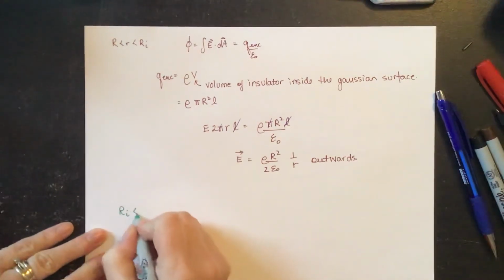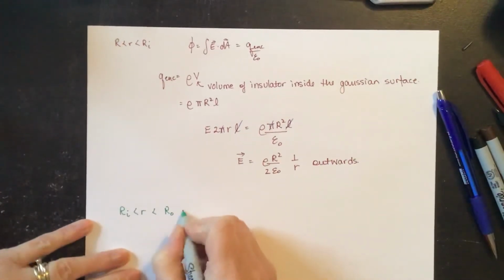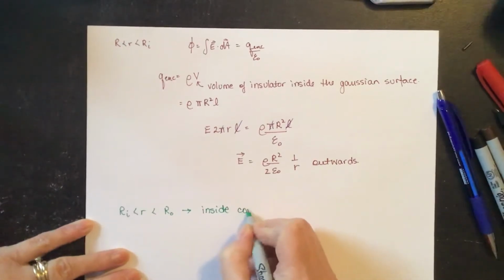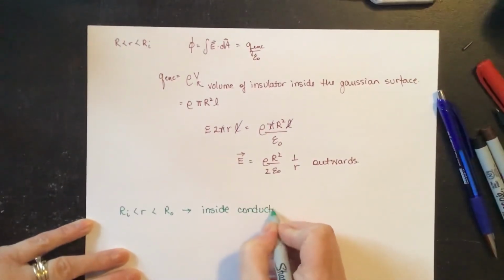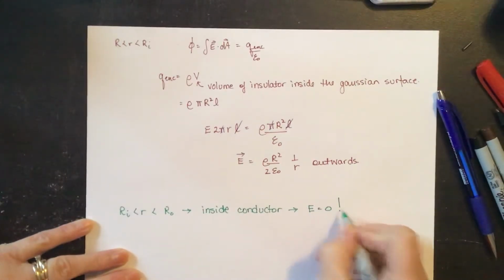If Ri is less than our Gaussian surface radius is less than Ro, it means we're inside a conductor in static equilibrium. That tells us that the electric field equals 0.